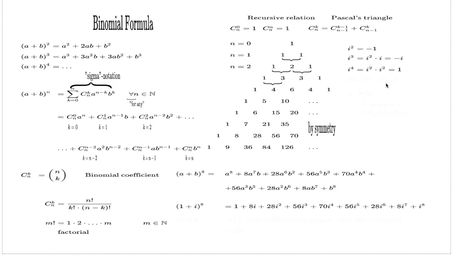And when you look at the fifth power, you realize that you are back to i, so i to the power 5 equals i. You are back to this position.